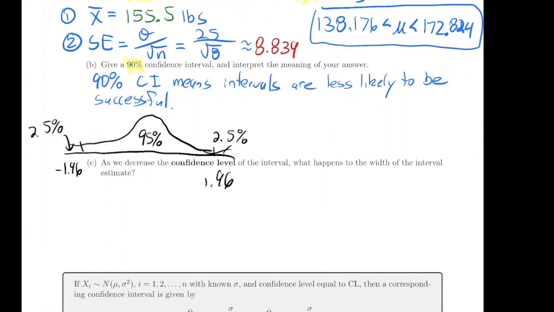And now if we change this to 90%, now we've got 90% in the middle, and we would have the 5% below and 5% above.